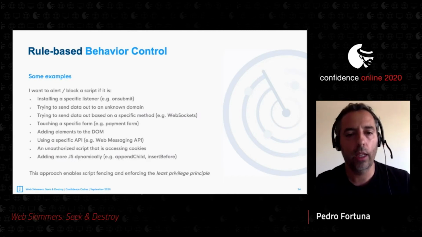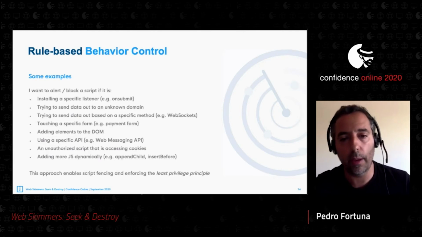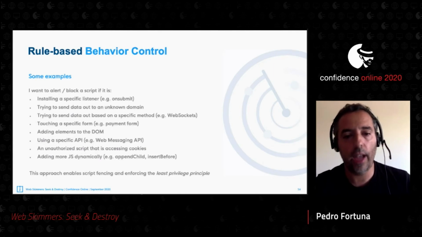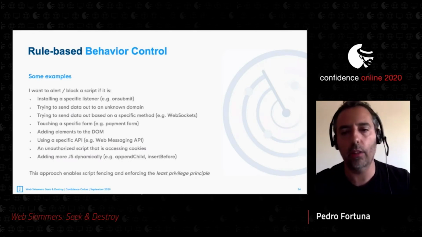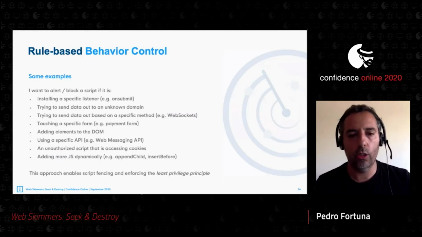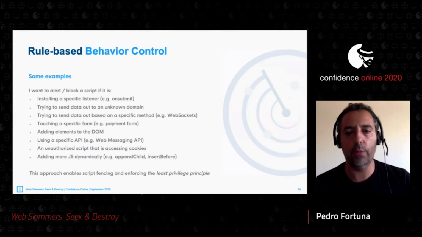And not to forget, of course, if a third-party script is tampered with and is actually able to execute in the execution environment, it's also able to tamper with first-party code and make it do something different. So everything should be fenced, and we should apply the least privilege principle to the whole web application.